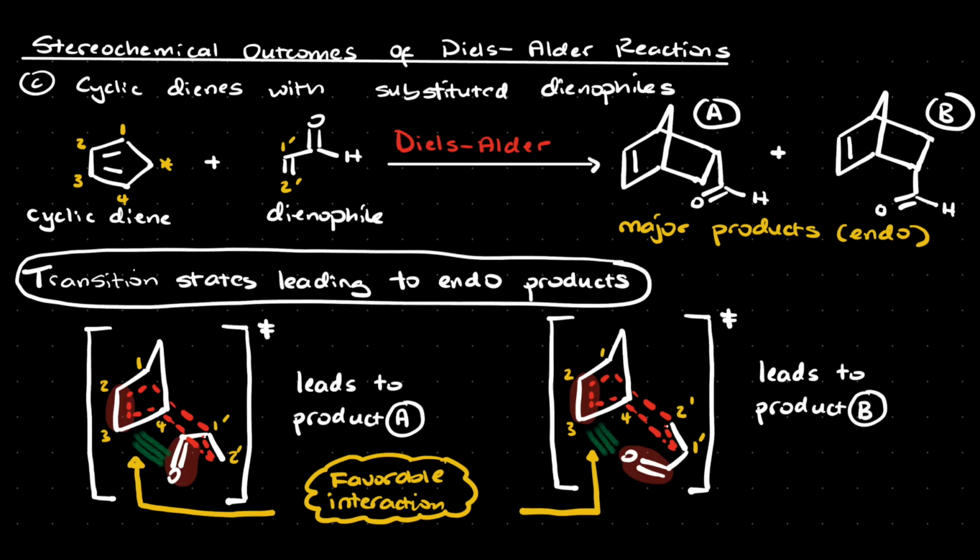So please notice that here, the substituent is positioned towards the diene pi system and away from the bridge, right? So the bridge is on the opposite side of the dienophile.